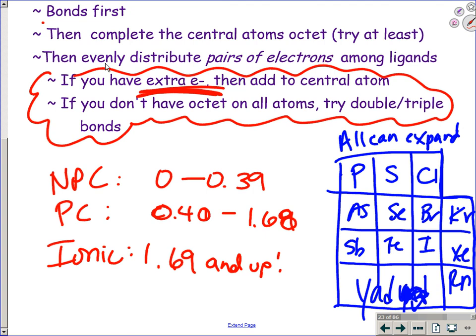Finish the one you're on. I just want to show you one caveat. I'm putting this reminder on the board for you.